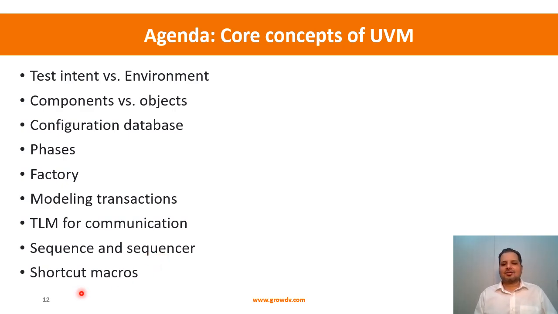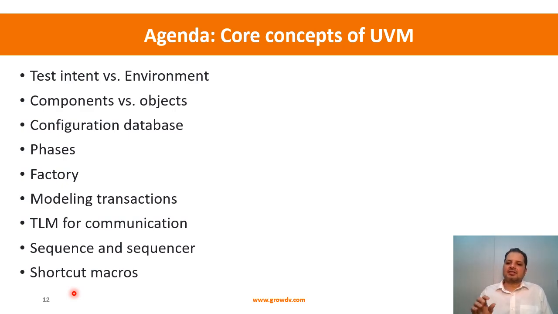And then last is some shortcut macros. So in UVM, you will end up calling a set of predefined functions in a certain defined order, and once you understand that by doing it manually a few times, then what they have done is, in the UVM itself, they have provided certain macros that reduce the effort of having to manually code it.